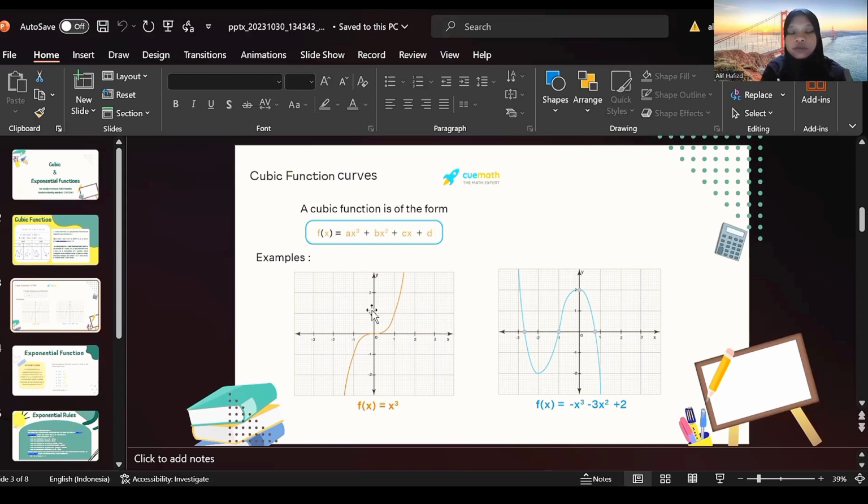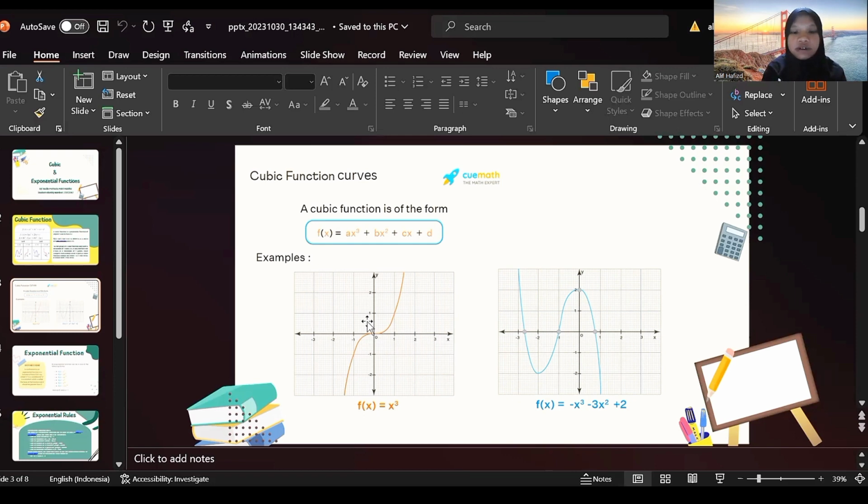This is just one way to remember this: if you draw them from left to right, positive cubic graphs go up because they are positive. A negative cubic graph goes down because they are negative.